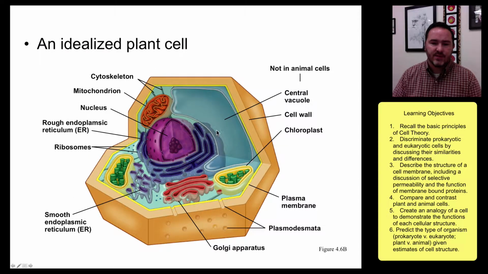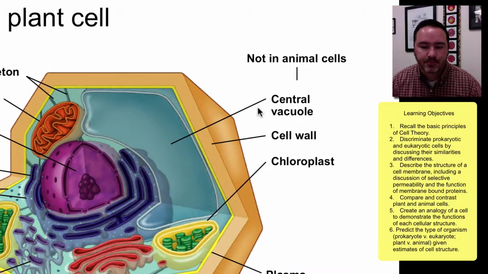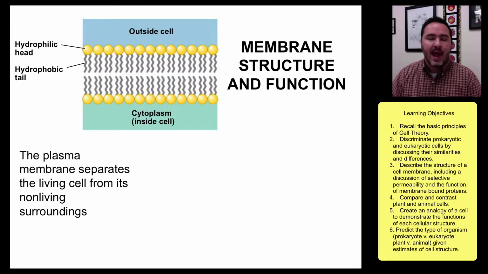A plant cell is very similar, has a nucleus and rough endoplasmic reticulum and smooth endoplasmic reticulum, Golgi apparatus, but it has chloroplasts, central vacuoles, and a cell wall, and these three things are not found in animal cells.